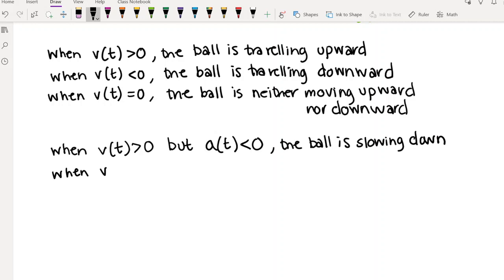And then in the second half, when the velocity is negative and the acceleration is negative, the ball is speeding up because the directions agree.